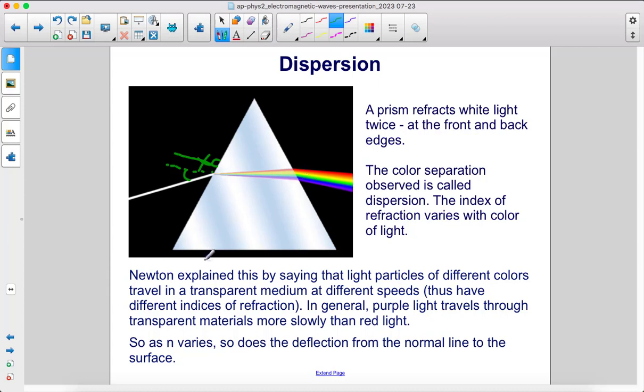So as n varies, so does the deflection from the normal line to the surface. Think of it this way. Purple is going to refract the most because as the white light hits this interface here, it's going to bend the most since it's going fast and into slow, and it travels the slowest inside the glass as opposed to red. That's why it bends the most.